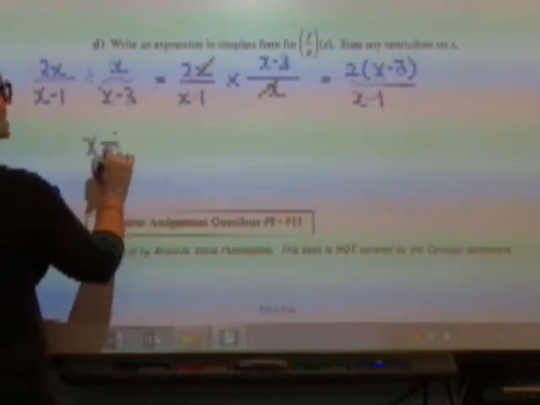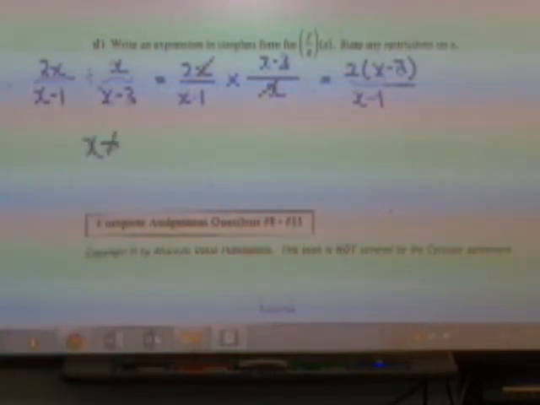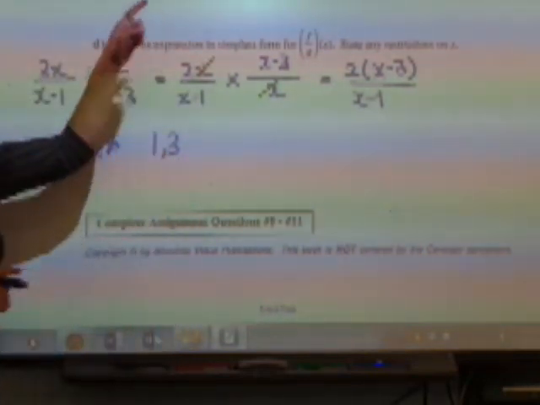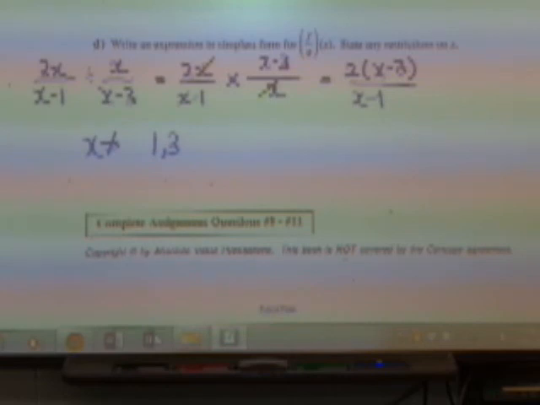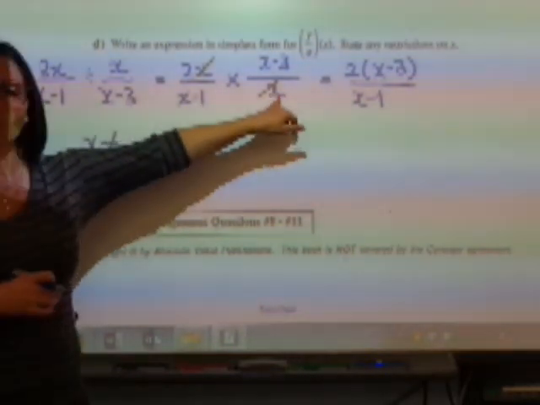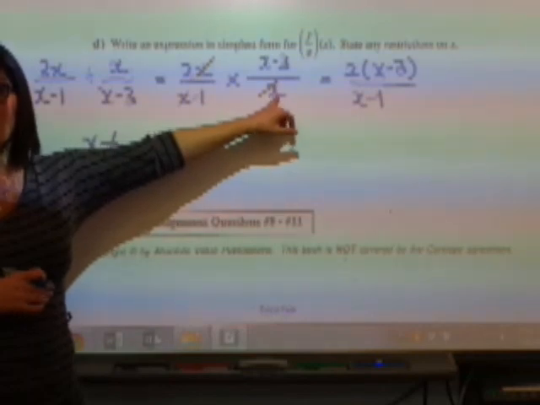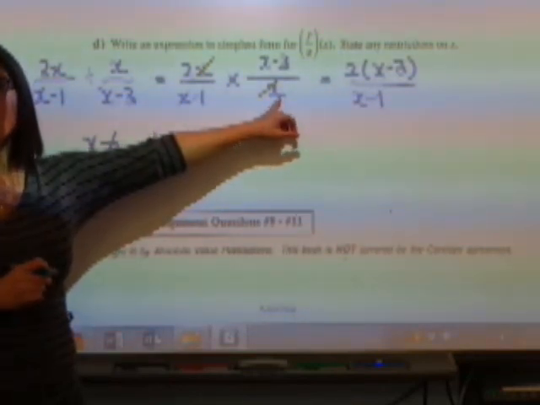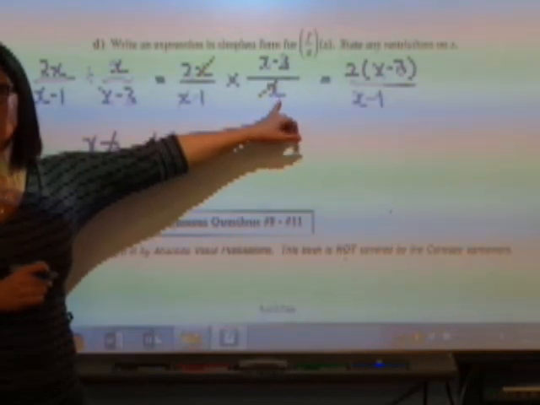What can't x equal? 3, 1, and 0. So the 3 and 1 are the same from the previous question. Where does the 0 come in? When I inverted and multiplied, this x became the denominator. So before I cancel out any factors, I have to see if this is a non-permissible value first.